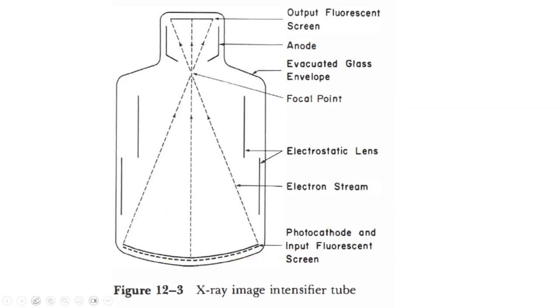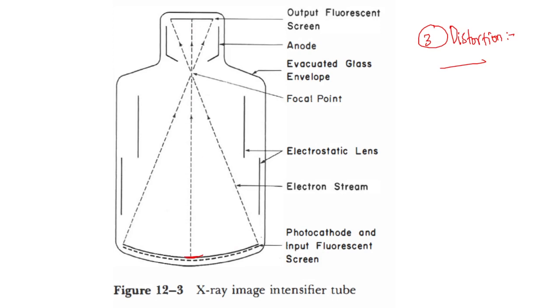Then the third characteristic of the image is distortion. What does distortion mean? The central electrons obtained from the X-ray image intensifier go directly and hit the output phosphor. Very good.